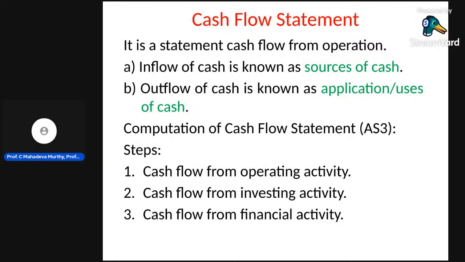Here also there are three steps. First step is cash flow from operating activity. Then the second step is cash flow from investing activity. The third step is cash flow from financing activity. Operating activity first, then investing activity, then financing.